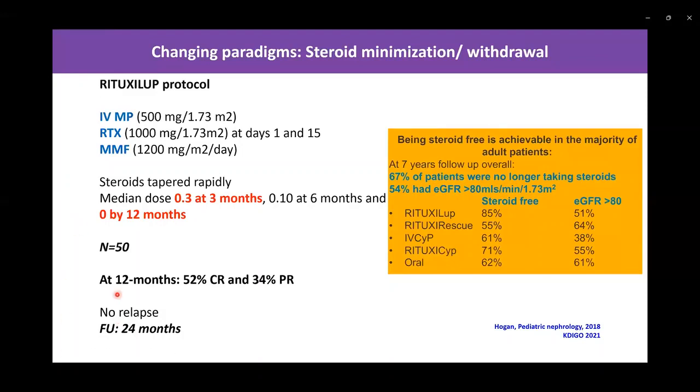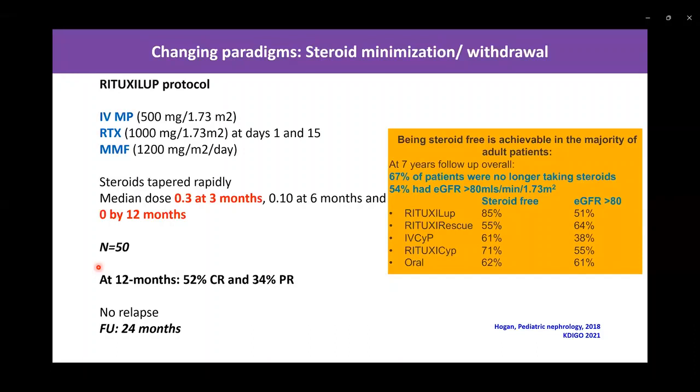And a publication of a small cohort of 50 pediatric patients using this rituximab protocol showed excellent results at 24 months. The rituximab protocol is widely employed in UK currently at most centers, both in children as well as in adults, and it's shown an excellent response rate irrespective of ethnicity.